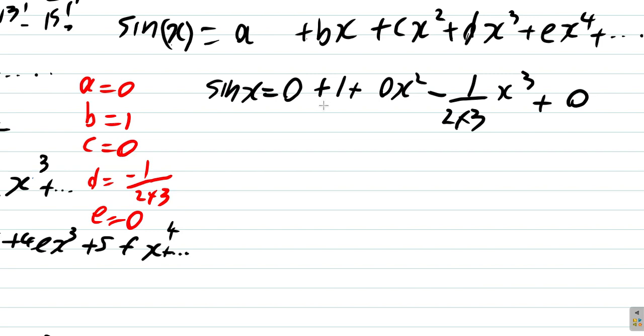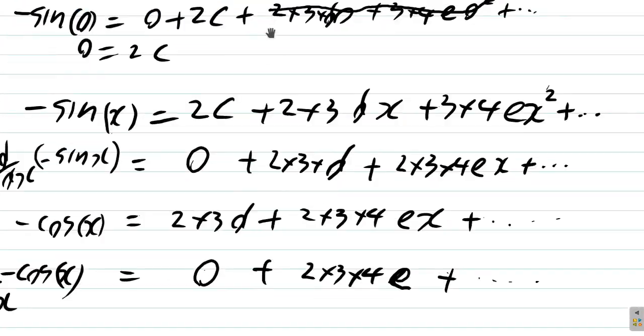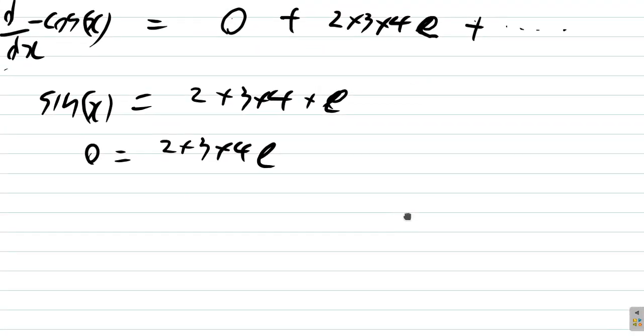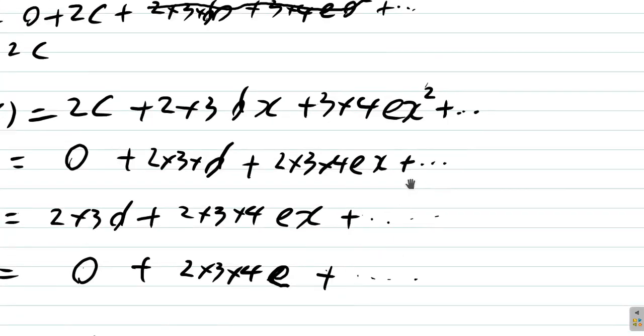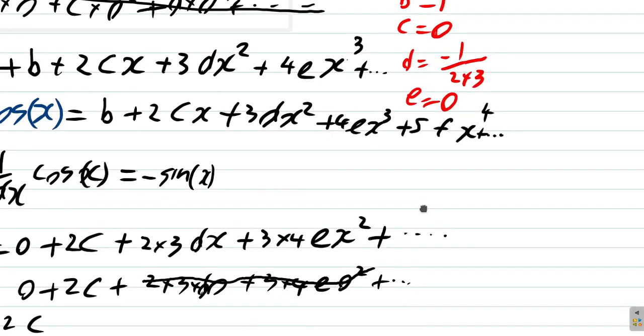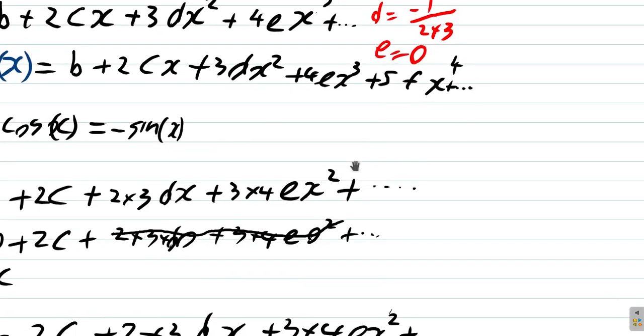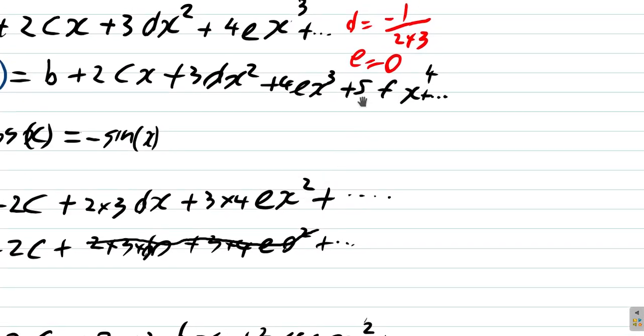Now, it would be interesting to see what the other term would be involving f. If we had an f x to the 4, when we differentiate and have our 5 f x to the 4, this would be 4 times 5 f x to the 3.